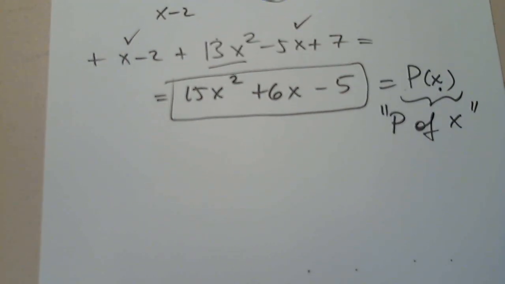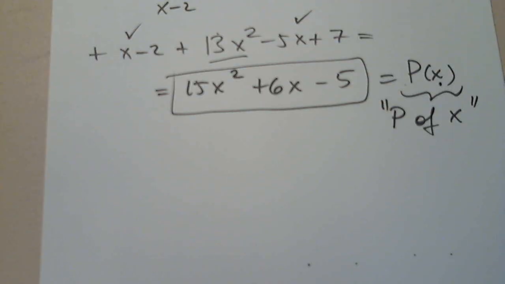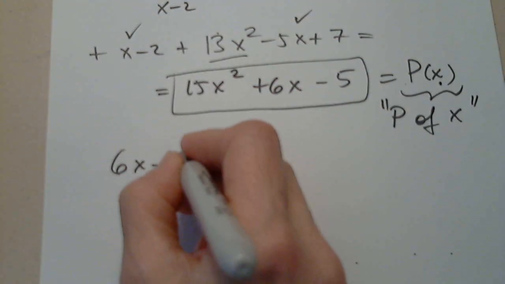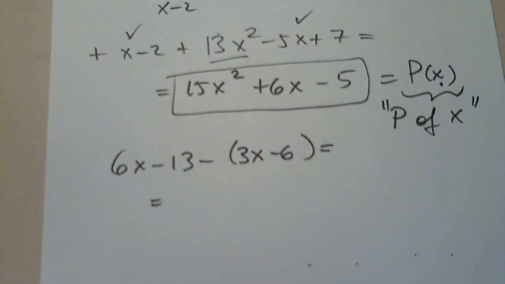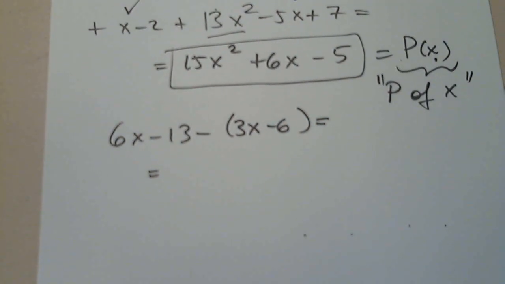Okay, one more example before we move on to 5.2. So let's say 6x minus 13 minus 3x minus 6. A very simple example. Let's see what we have.